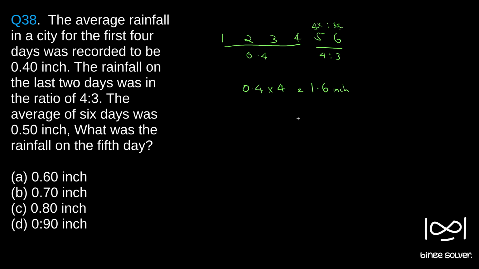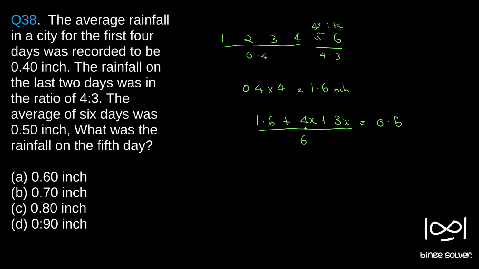The average of 6 days was found out to be 0.5 inch. Since we already got the total rain that fell in 4 days was 1.6 inch, 1.6 plus 4x plus 3x, divided by total number 6, is the average, which is 0.5.